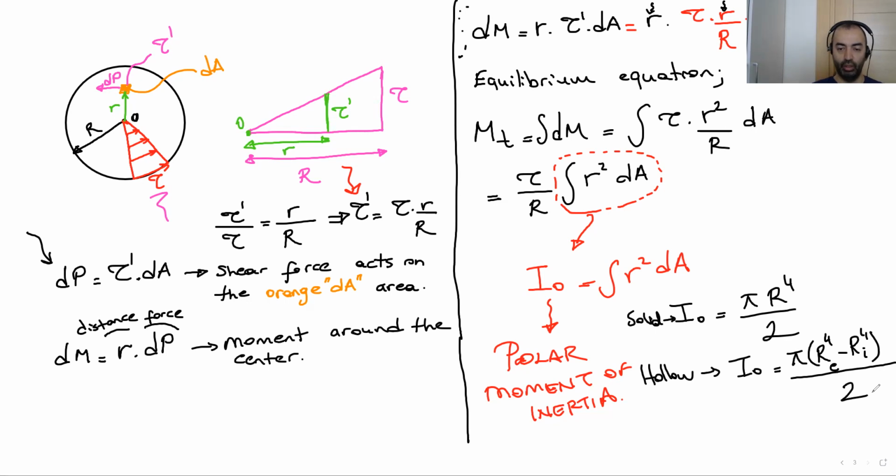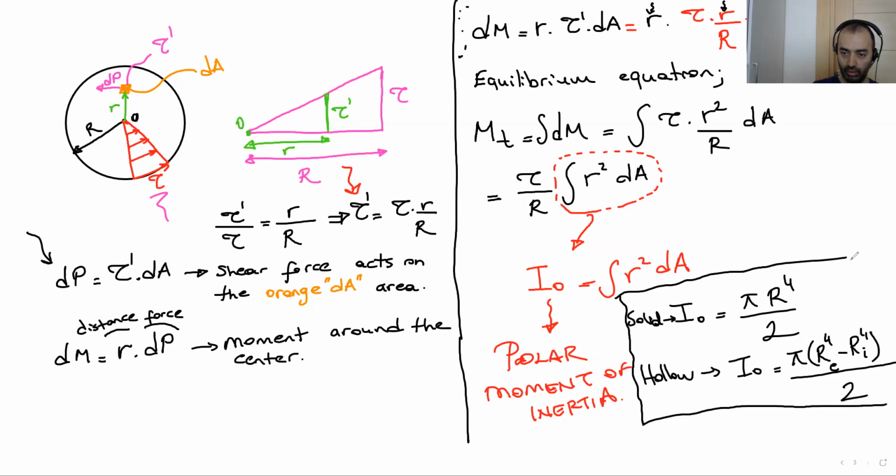These are the polar moment of inertia equations for circular solid section and circular hollow sections. We have to know these equations to make our calculations easily.